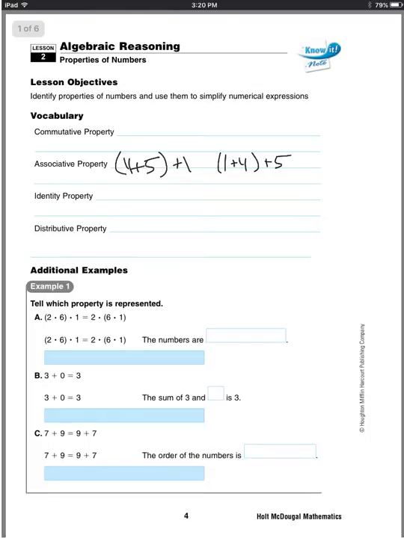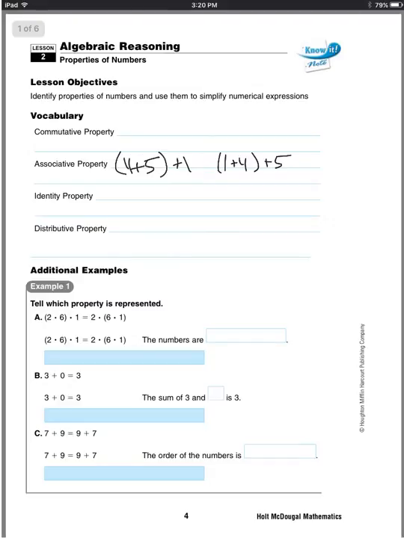Okay? And then we have the distributive property, which allows us to multiply numbers and add them in order to make it easier to find the answer.